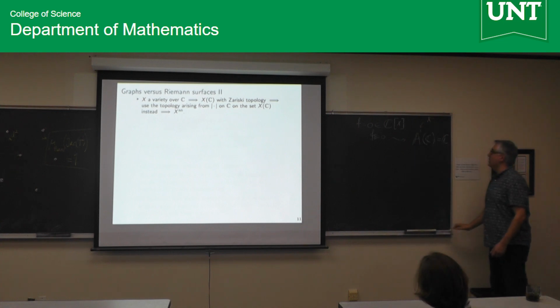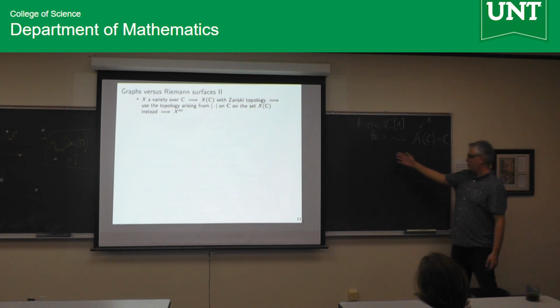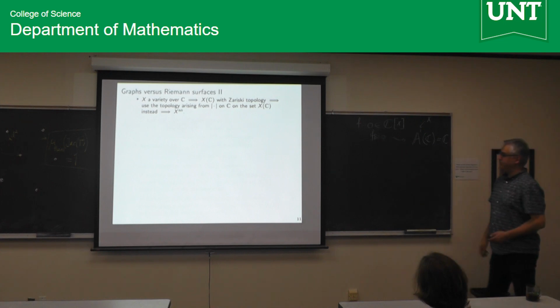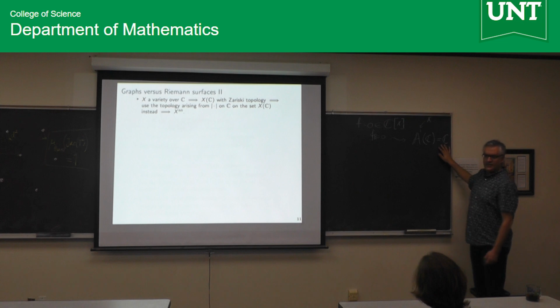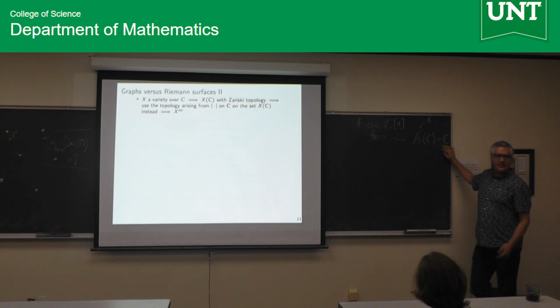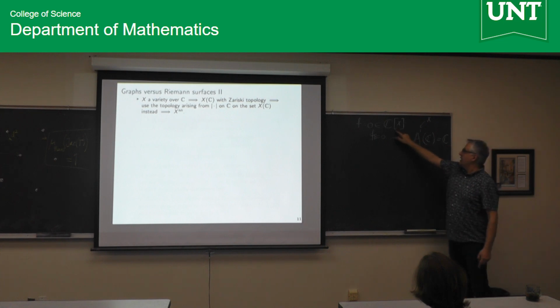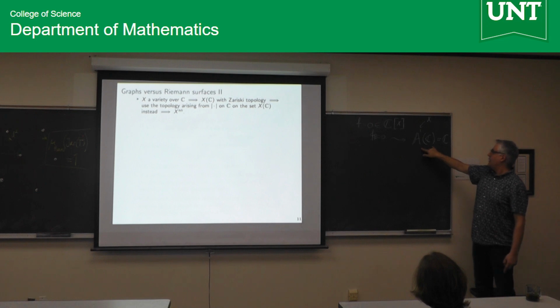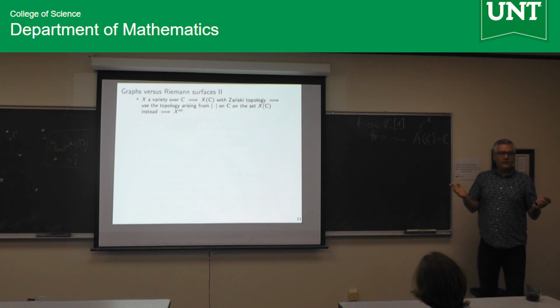Okay, so this is my X in this slide. You look at the C points of your solution to your polynomial equation. But then algebraic geometry has this weird topology which says a set is closed if its solutions are yet more equations. So in this situation, a polynomial equation is just a polynomial in one variable. Solutions of a polynomial in one variable is just a finite set of points.